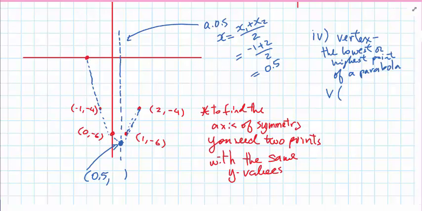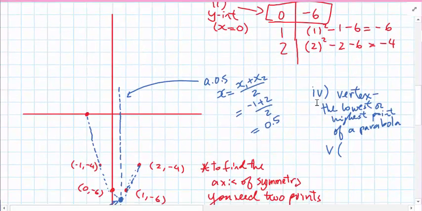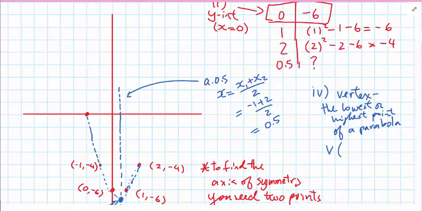All I would be doing here is this, right? I'm looking for x equals 0.5, and I'm trying to find out what y equals, right? Same process. If you know the value of a variable, what do you do with it?